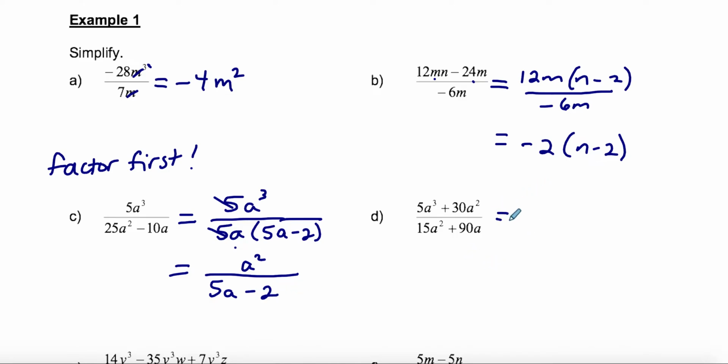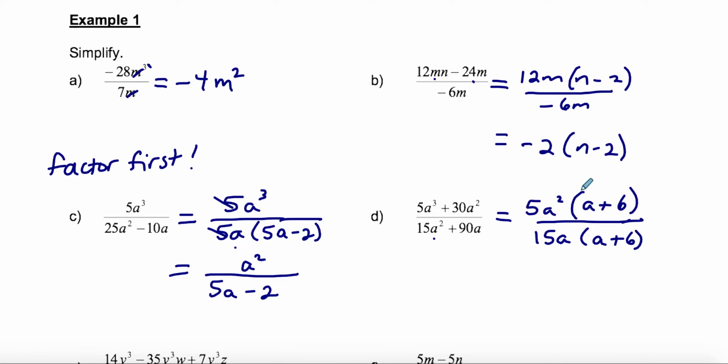So over here, I think, okay, factor the numerator. I can divide both terms by 5a squared. I'm left with a plus 6. In the denominator, I can divide both of those terms by 15a. And what I'm left with is a plus 6. Oh, this is exciting.